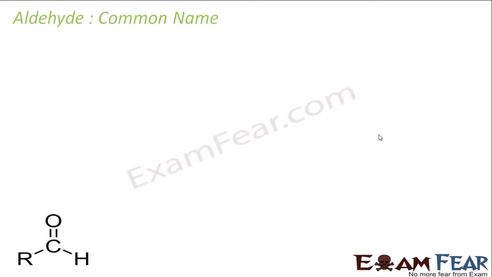So let's start with the common name of aldehyde first. The common name of aldehyde is generally derived from the carboxylic acids. If you see the history of chemistry, carboxylic acids were discovered a lot earlier, and when they were discovered, the IUPAC naming convention was not there. At that time common names used to exist, and that's why you will see a lot of carboxylic acids have a good number of common names.